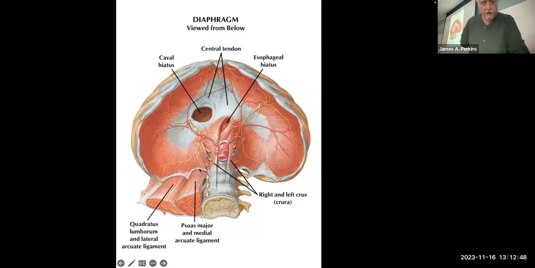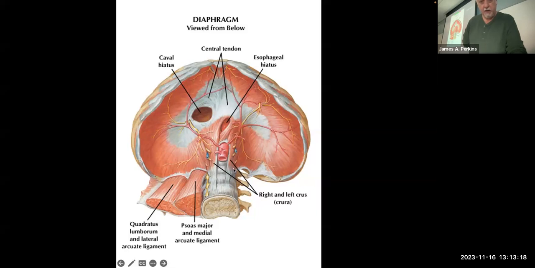These are little ligamentous structures that form like a little arch or a little bridge over the psoas major. That would be the medial arcuate ligament. And then laterally, there's a lateral arcuate ligament that forms a little arch or a little bridge over the quadratus lumborum. If you look on the right side of the slide, which is the left side of the patient, you can actually see how these arcuate ligaments are formed.